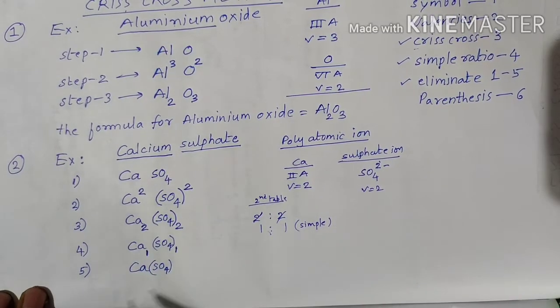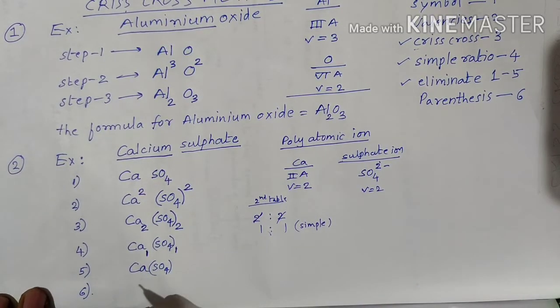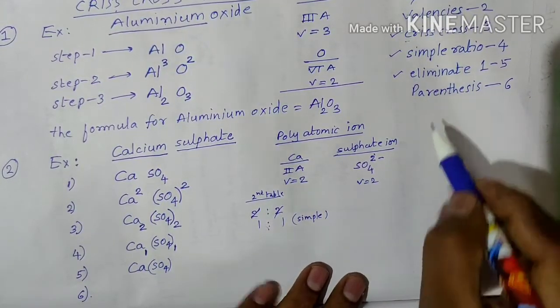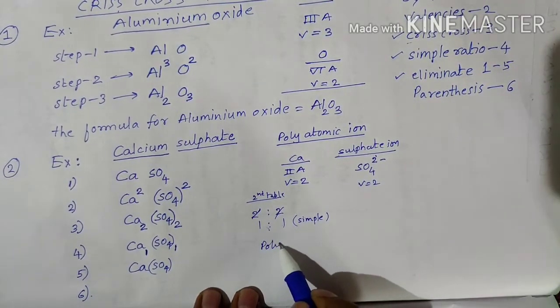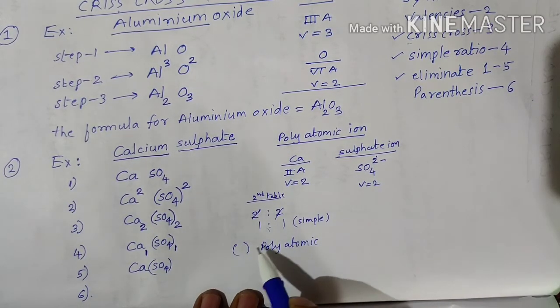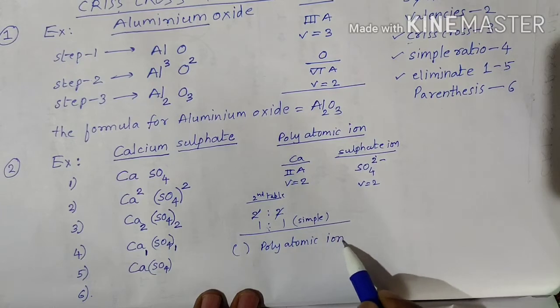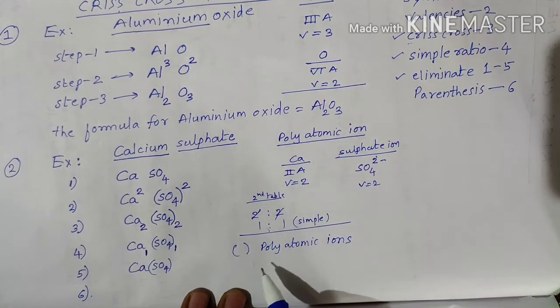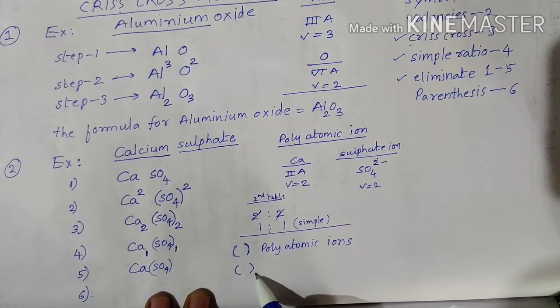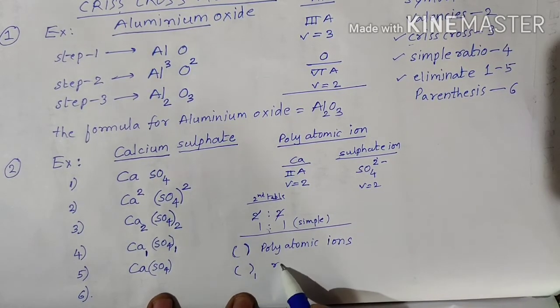And the sixth step is about parentheses. We use parentheses for polyatomic ions. But if the parenthesis receives 1, we have to remove it.